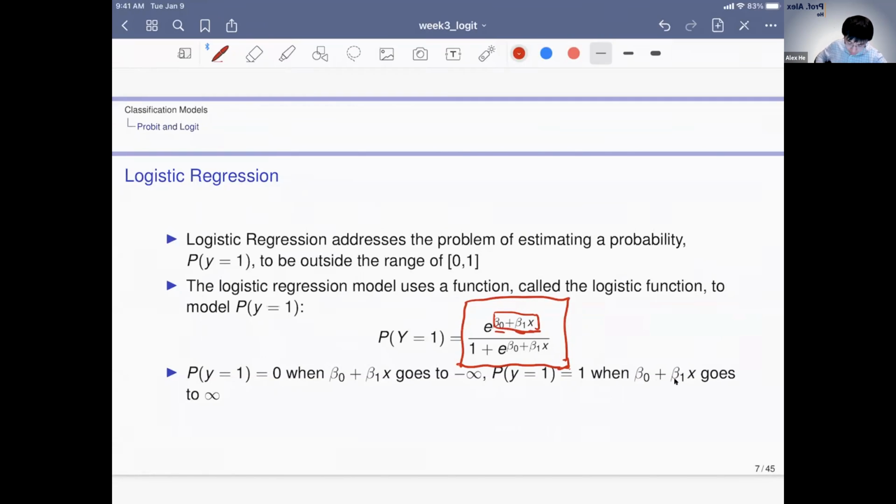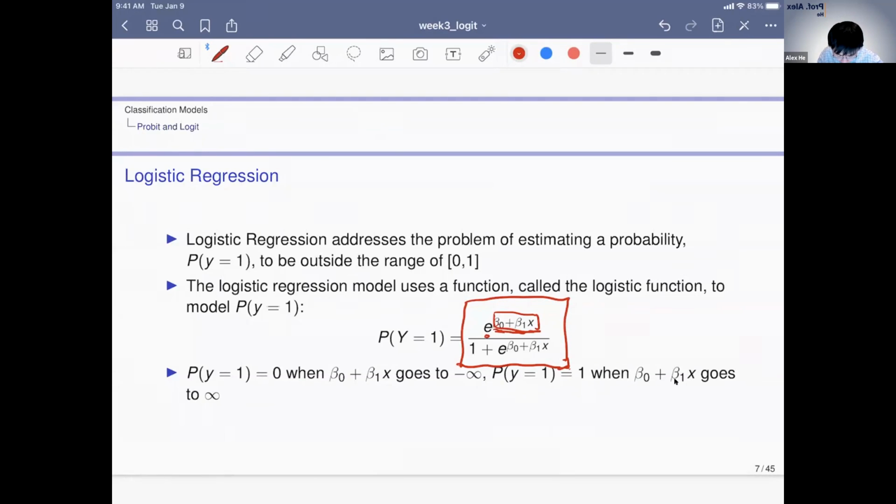Now, we take the natural exponential function to that degree. E is the Euler constant, and we have e to the beta 0 plus beta 1x in the numerator, and then 1 plus that number in the denominator.